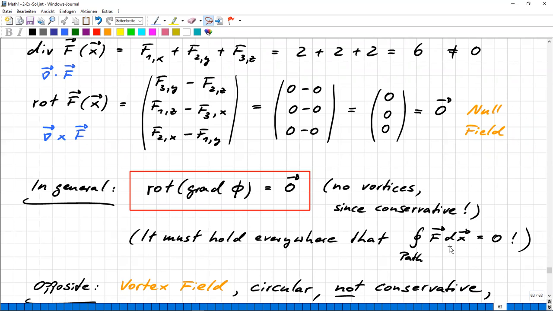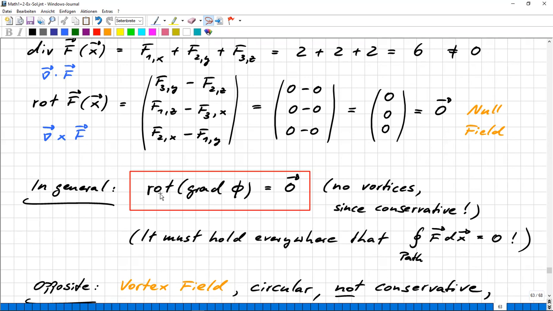And now this is our message, what we learned. This operator called rotation is exactly the one that calculates the vorticity of the given vector field F, which is in this case the gradient of a potential, and this means it has no vortices at all, and so the rotation will be zero everywhere.